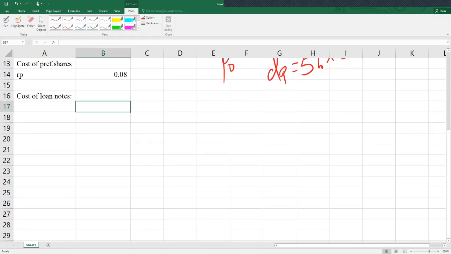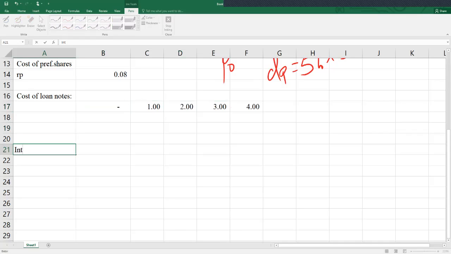So we can have year 0, year 1, 2, 3, and 4. The net interest we earn per year will be equal to the interest paid at 7%, therefore 7% times the nominal value of this bond, which is 100. Do you pay tax? Yes, 30% in the first line, just before the SFP.